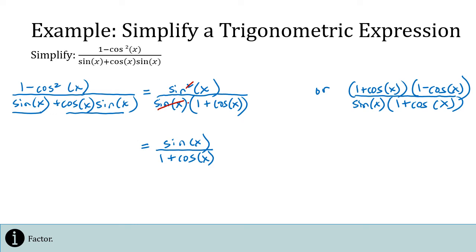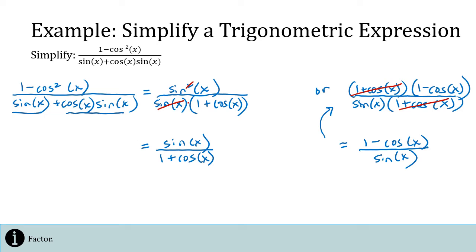Now, I'm going to put an equal sign here, but I'm equaling the thing that's right above it. I'm not necessarily equaling the thing that's to the left of it. In this example, the thing that's going to cancel out will be the factor of 1 plus the cosine of x. That's going to factor out of the numerator and the denominator. And I'm going to be left with 1 minus the cosine of x up in the numerator, and down in the denominator, I'll be left with the sine of x.